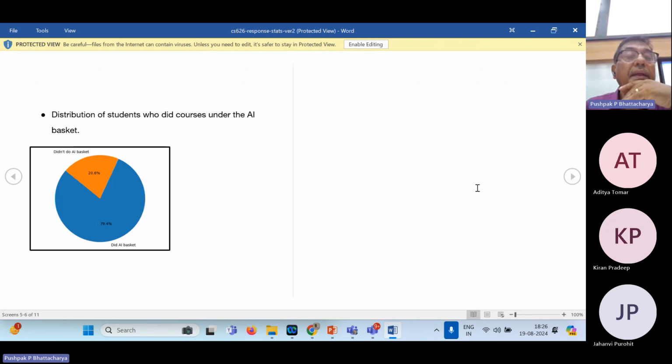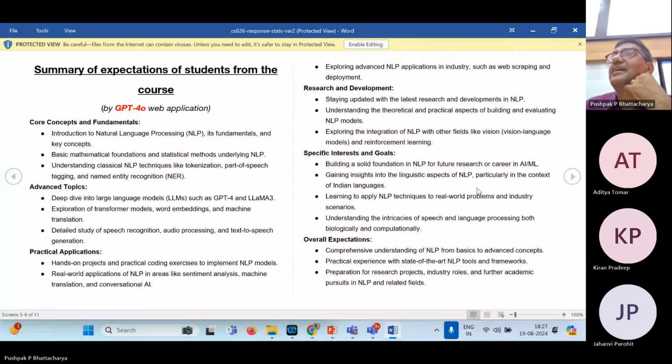The summary of expectations of students from the course. This part is most interesting. So GPT-4o gave this summary. You recall we asked the question, what do you want to learn from the course?